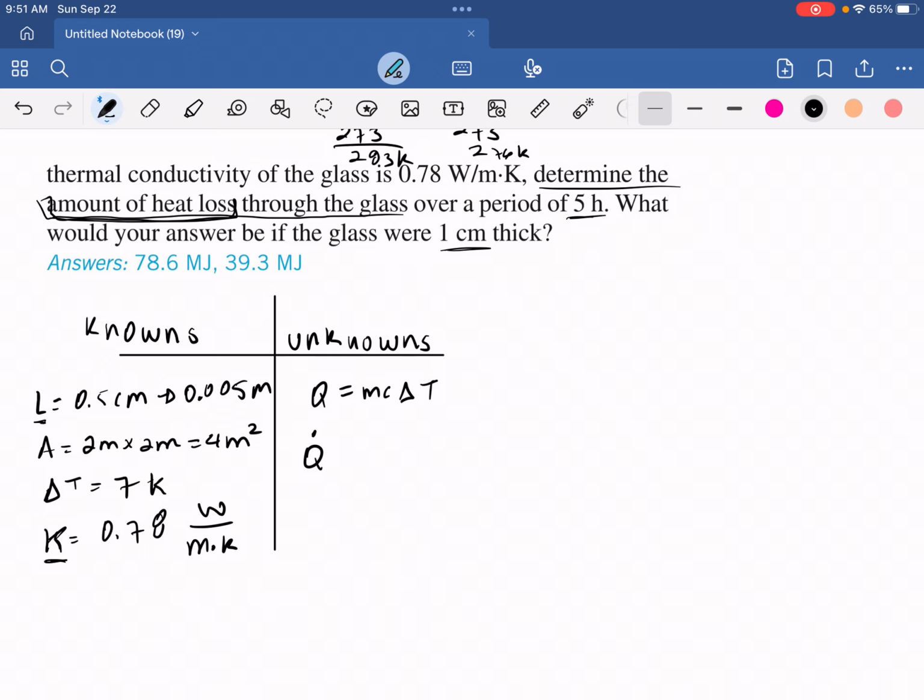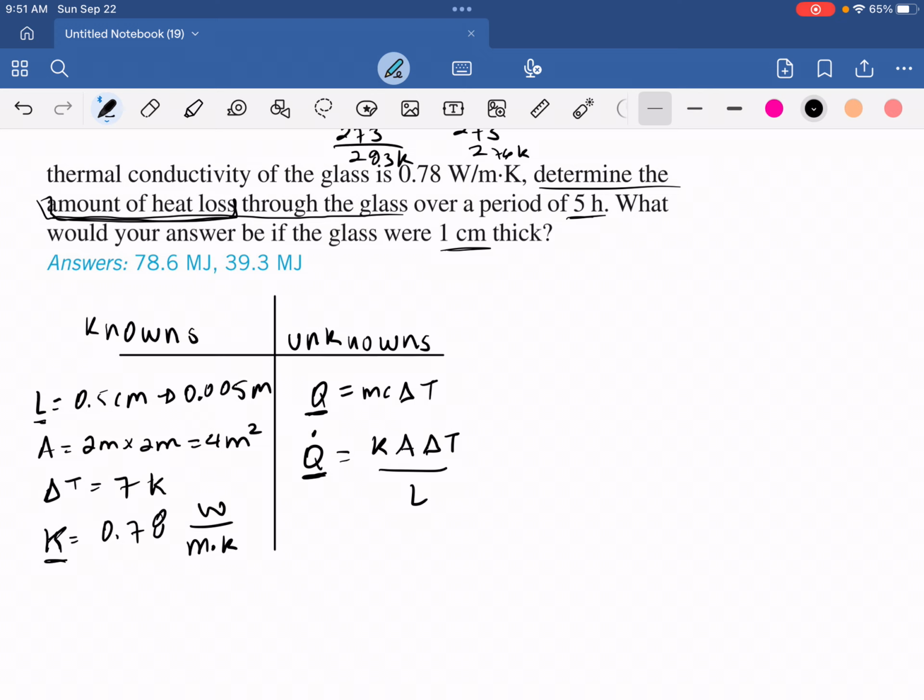Q dot is equal to thermal conductivity times the area times change in temperature over the thickness. But wait a minute, how is that gonna help us out? Because at the end of the day, we want the amount of heat loss. We don't want the rate. This here is the rate, right?